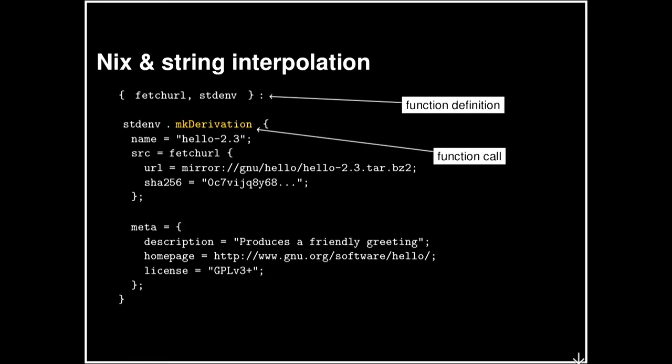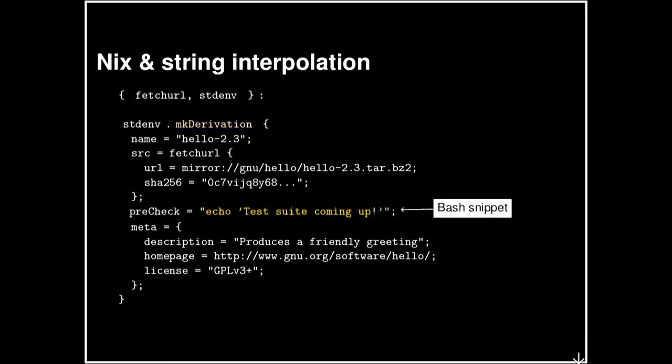So it's really designed for this particular domain, defining packages and so on, but it's not designed to do anything, roughly. So for example, in a package definition in Nix, what you would do is insert bash snippets to define the actions that you want to do during the package build, right?